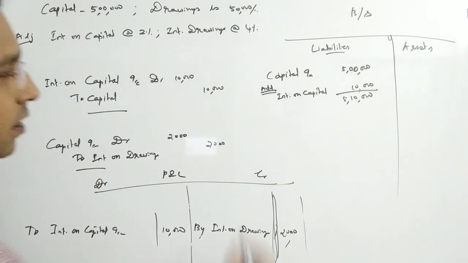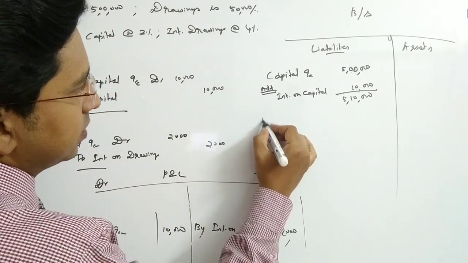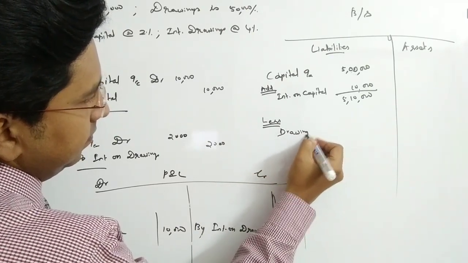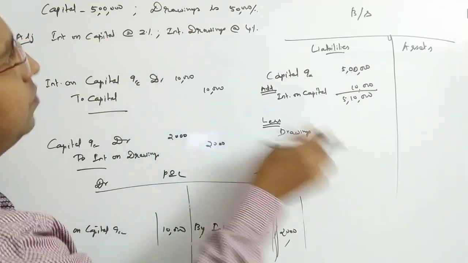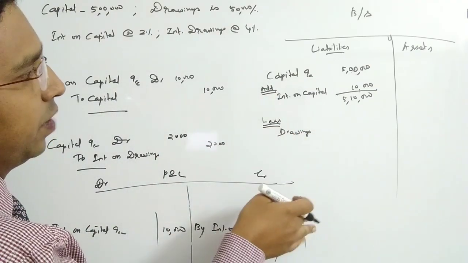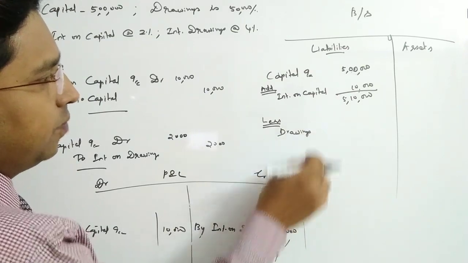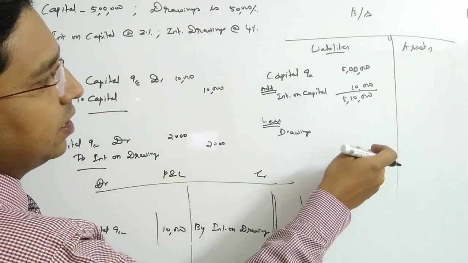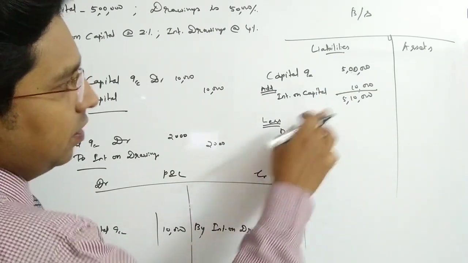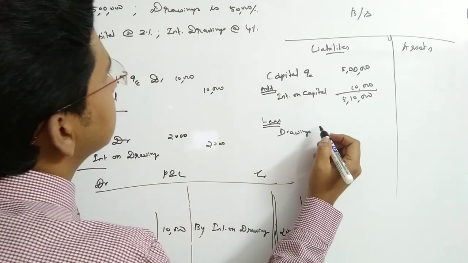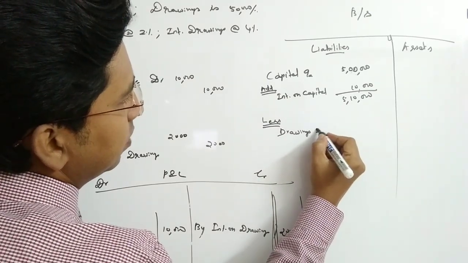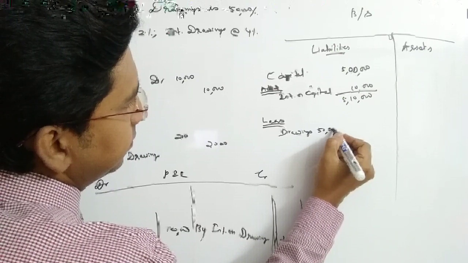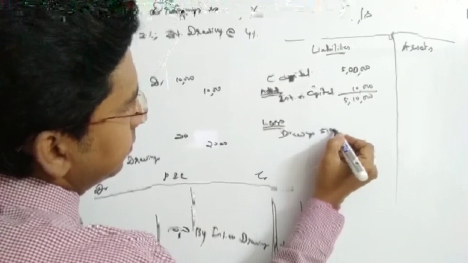Then now we have to reduce the drawings. Less drawings. Instead of reducing drawings and interest on drawings one by one, you can write both amounts in the inner part, add both the things, write it outside, and subtract from the 510. Nothing is wrong. So drawings 50,000, interest on drawings, how much? 2,000.